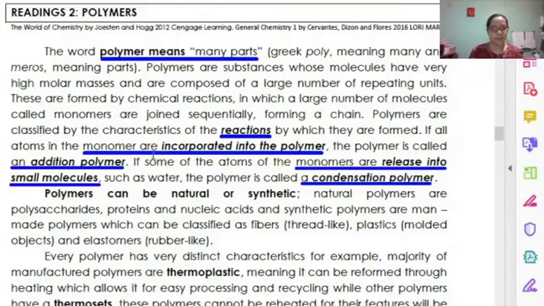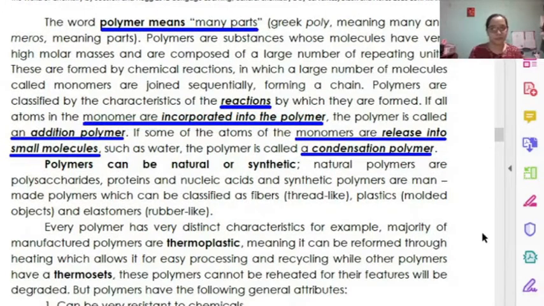First, if monomers are incorporated into the polymer, it is an addition polymer. If monomers are released as small molecules, such as water, this reaction is called a condensation polymer. Later, I will give an example of how an addition polymer happens.